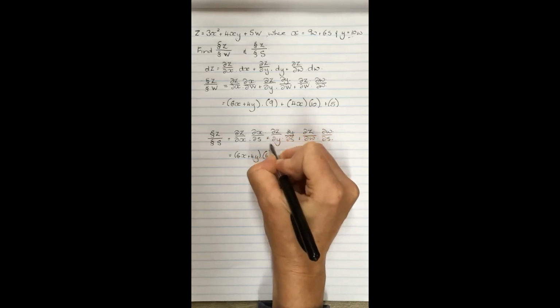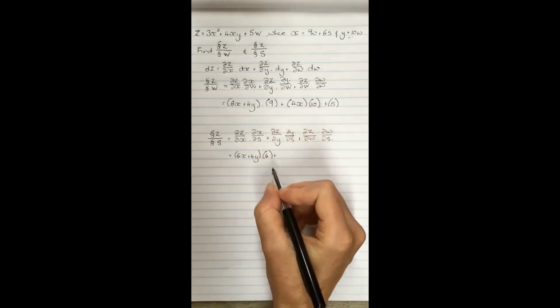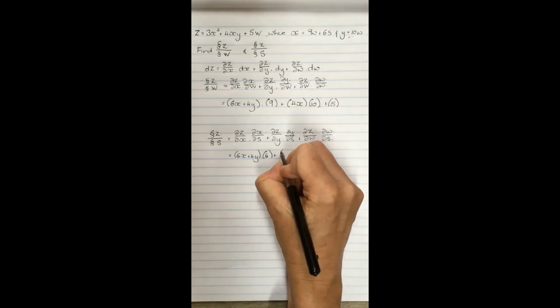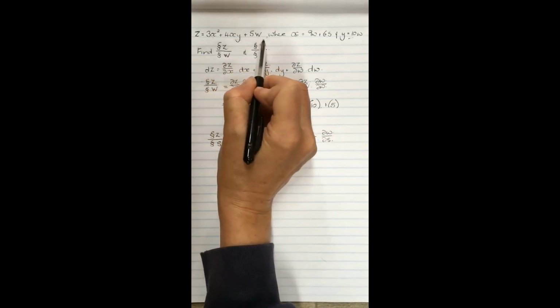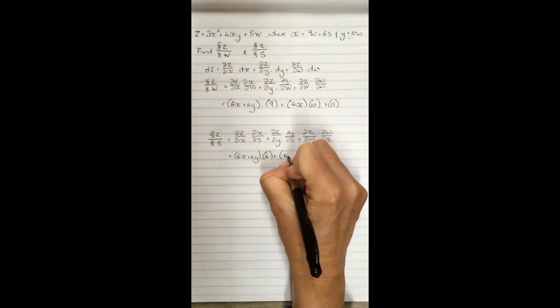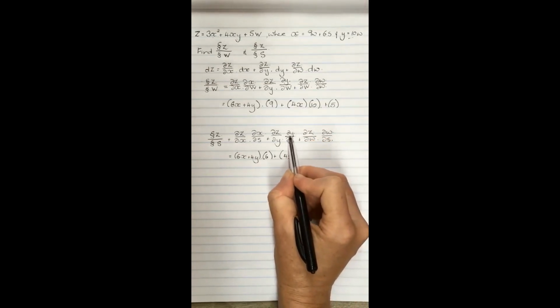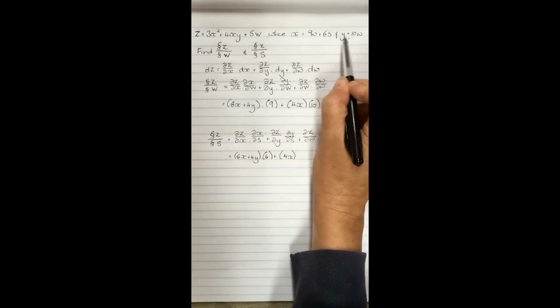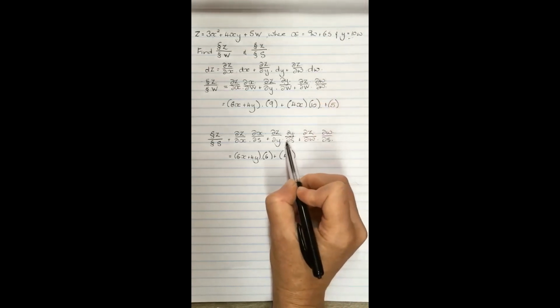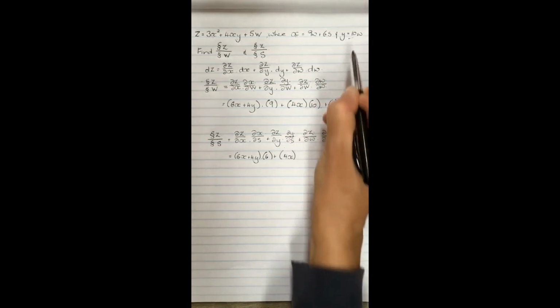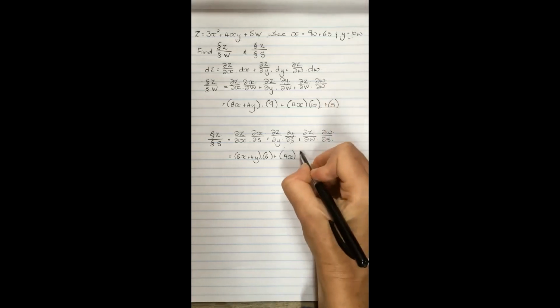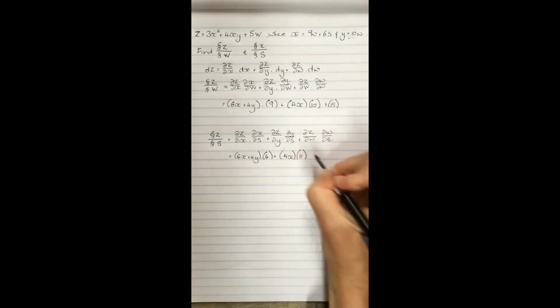Plus, working this out here, we would end up with 4x, and working now with this y function here, we can see that there's no s term, so we would have 0 there.